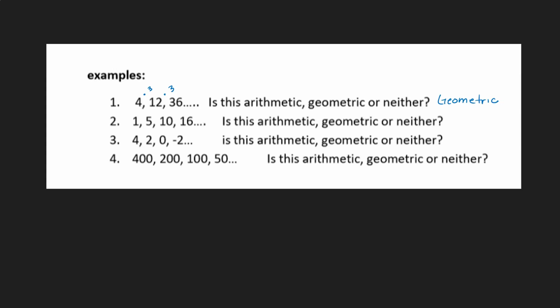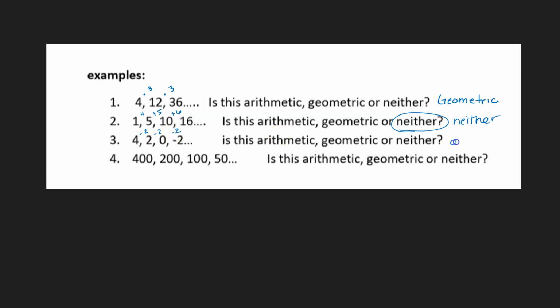Number 2, if you go from 1 to 5, that's plus 4. 5 to 10 is plus 5. 10 to 16 is plus 6, so that's nothing. That is neither. 4 to 2, 2 to 0, you are subtracting 2 every time.